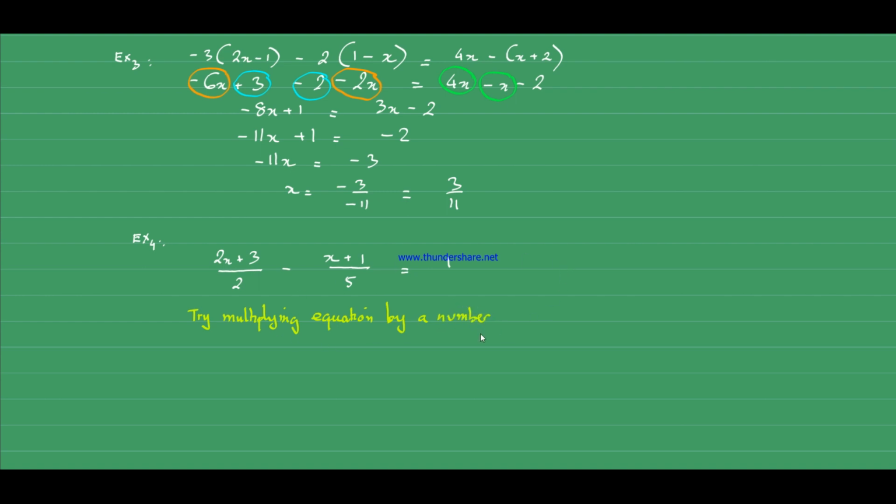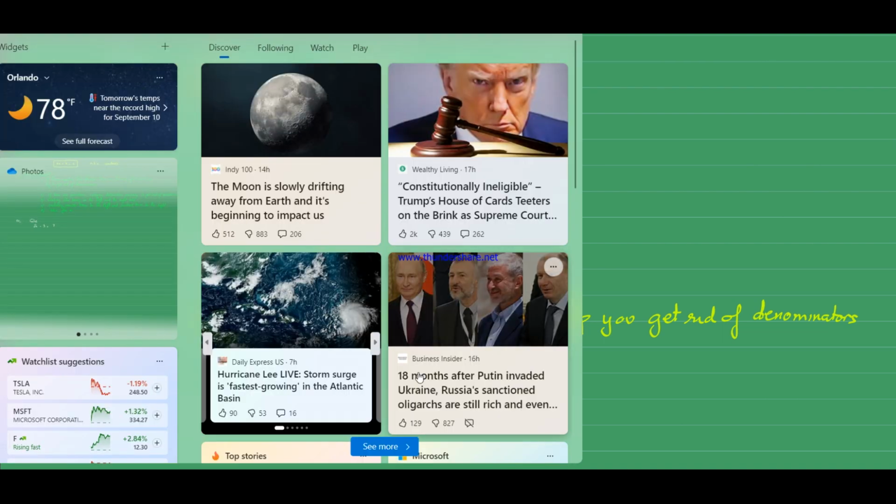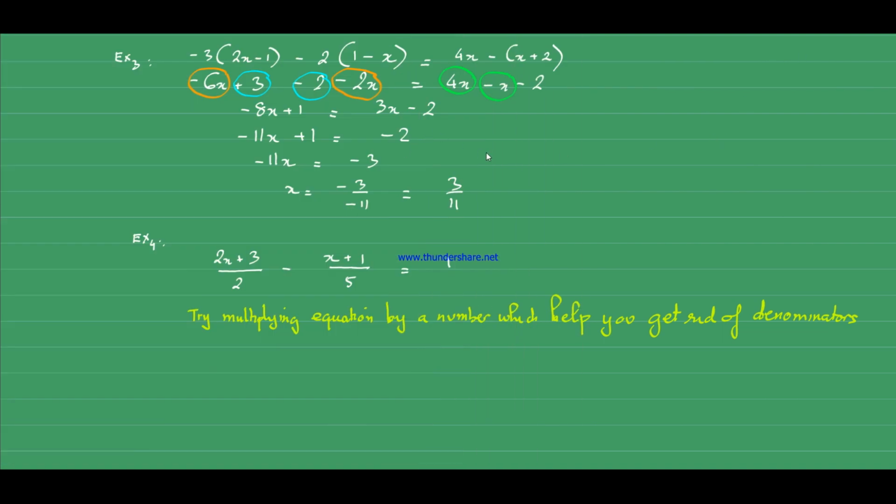I don't know what number yet, but this number helps you get rid of the denominator. Think about it. If you have an equation and the equation has fractions, you just need to get rid of the denominators, then you don't have fractions anymore.